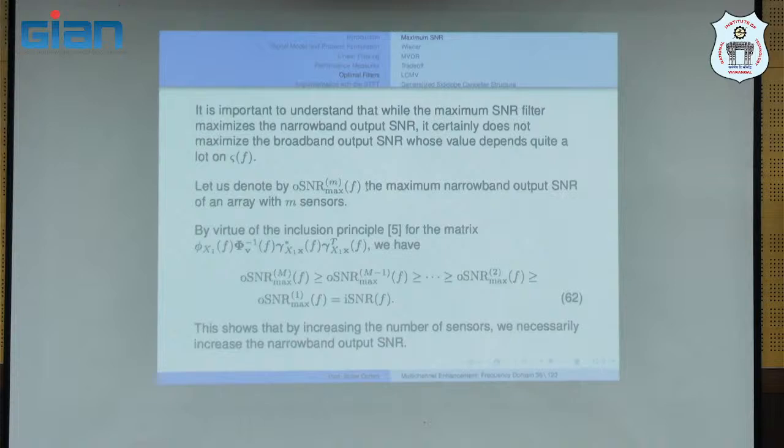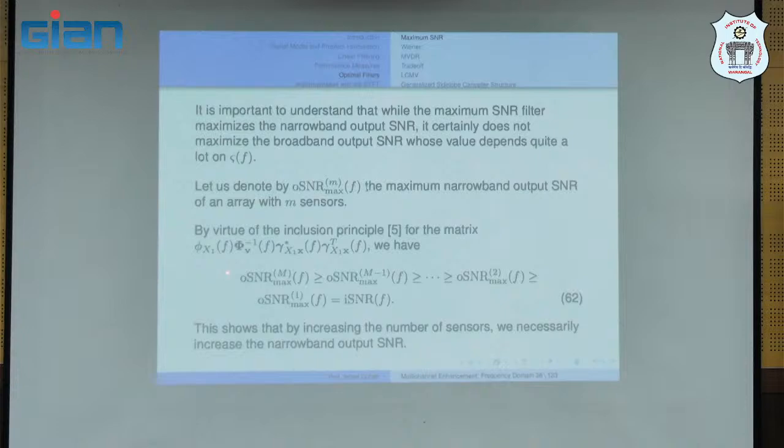What do you think? Okay, so first, intuitively it is trivial, right? Because if you add an additional sensor, you have more information, so it will improve the output SNR that is achieved by the maximum SNR filter, of course.